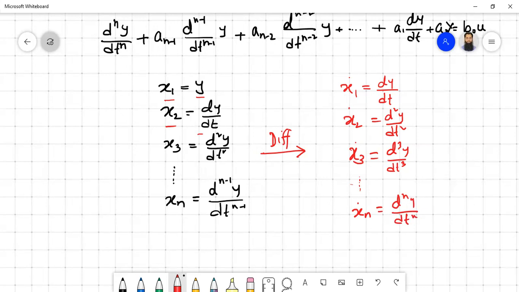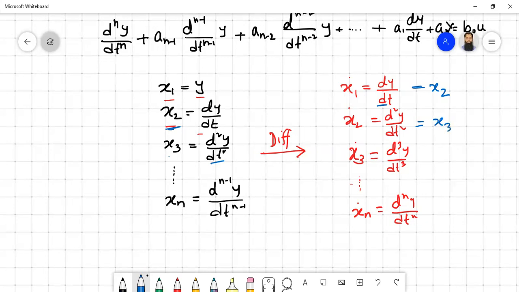Okay, so as you can see, if you compare this one, dy by dt is nothing but your x2. So we can write it here, this is x2. And this one is nothing but x3.